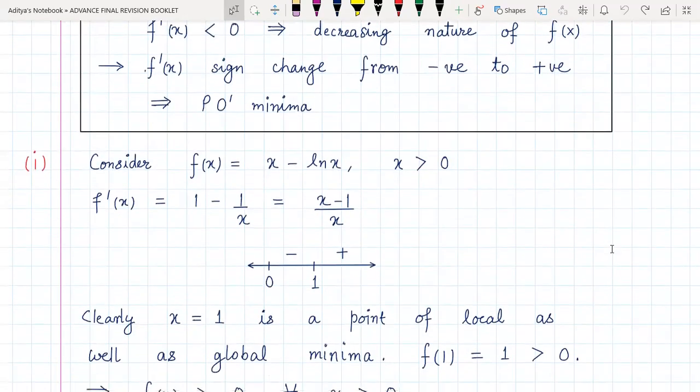So the very first part is probably the most difficult part, probably to think about is this function. We have to consider the function x minus ln x, for x greater than 0, and this is quite counterintuitive. It really takes a long time for anyone to think. But once you have thought of this, the reason I thought of it was because cos ln x is FOG, and ln cos x is GOF.